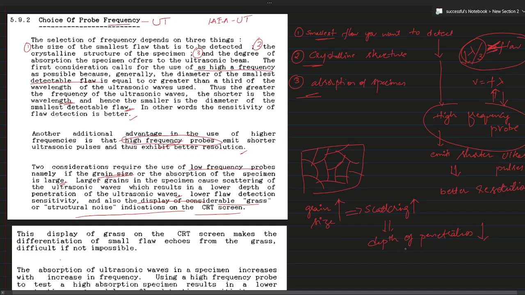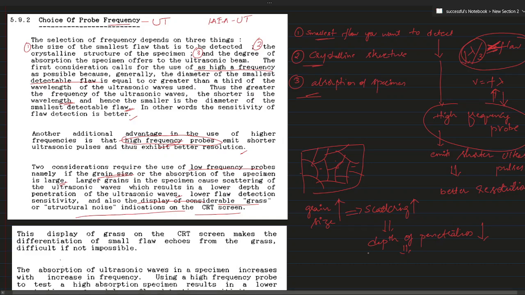Now you see that if grain size is increasing, scattering will increase. If scattering is increasing, the ultrasonic sound will not go up to the depth of the material. The energy will get completely dissipated at half of the depth or somewhere else. So the sound is not going deep into the object, and much of the area is uncovered.